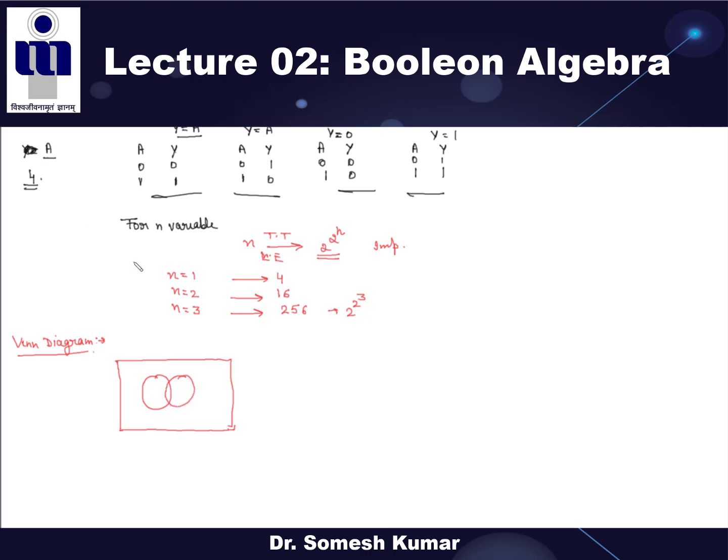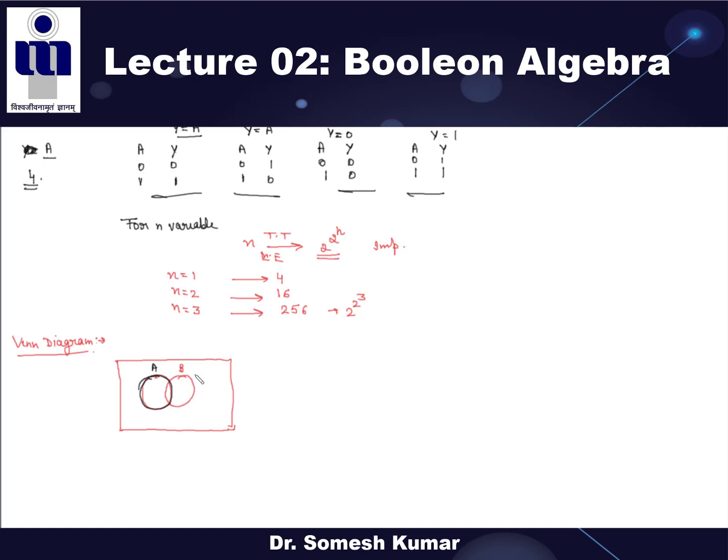This first circle, the black one, is your variable A, and this red one is your variable B. So I am representing these variables in the form of circles. This is A, this is B.